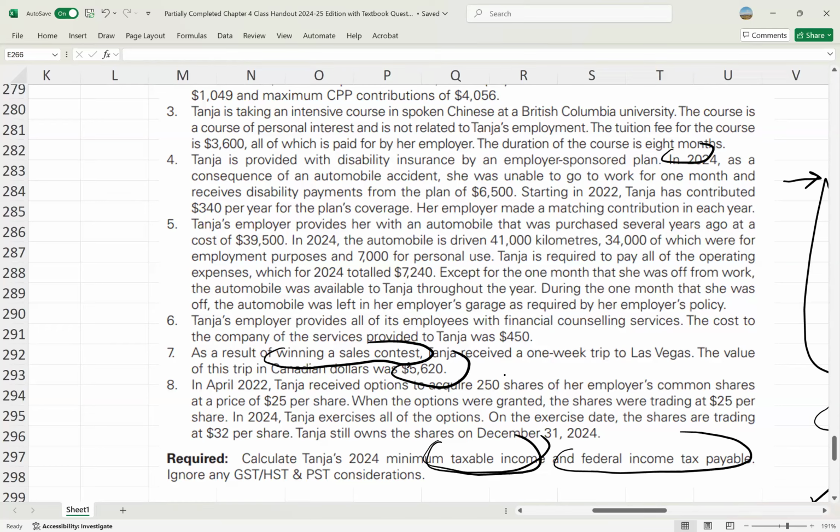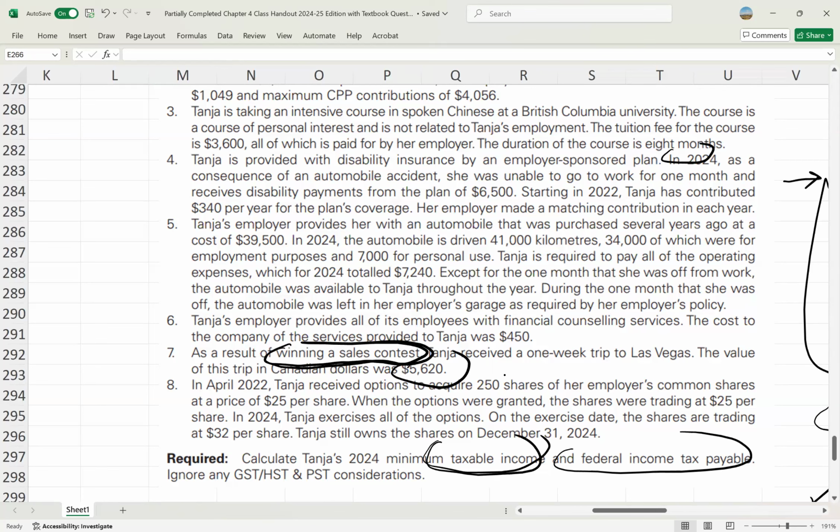But we also said in that discussion that anything that is performance related is included regardless of whether it's cash or not cash. And she won a sales contest, meaning that she was the top salesperson. So it's performance related. That's the key here.